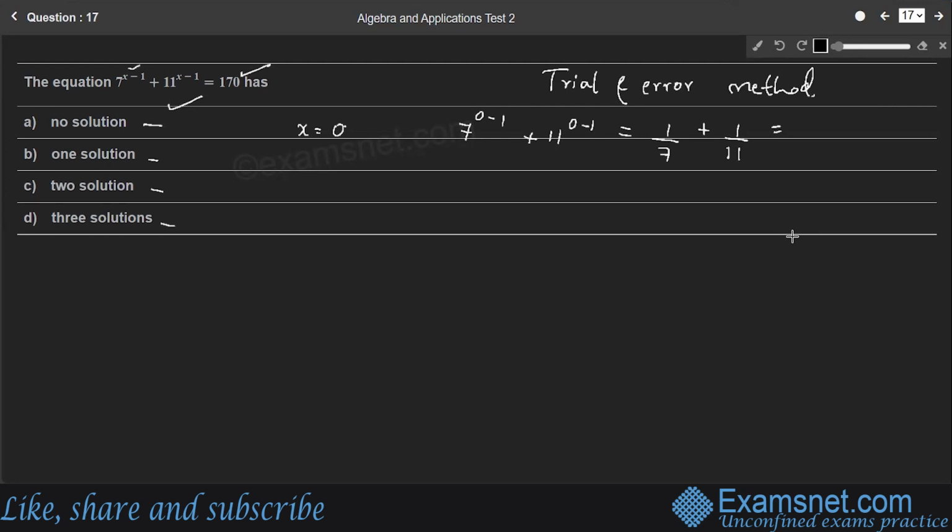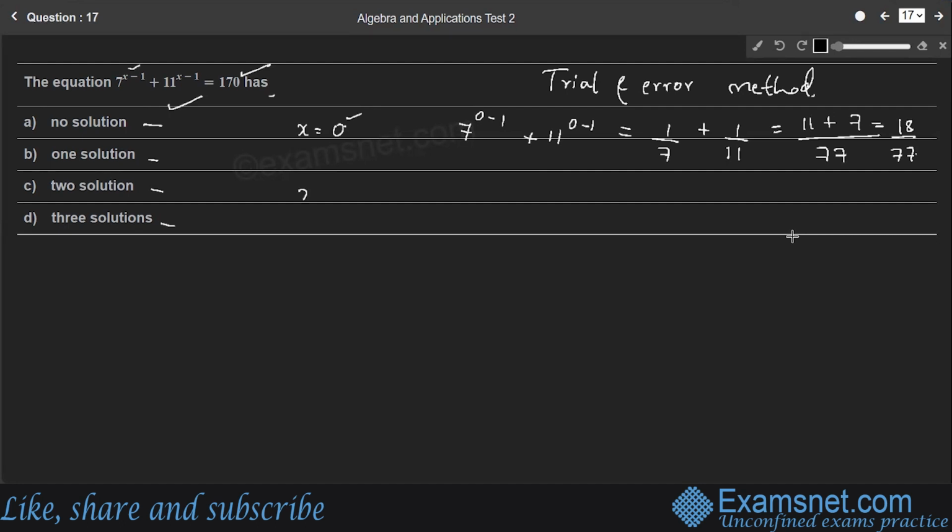Further, you can consider LCM of 7 and 11, which is 77, and the numerator becomes 11 plus 7, which is 18 by 77, which is not equal to 170. So for x equal to 0, LHS is not equal to right hand side.